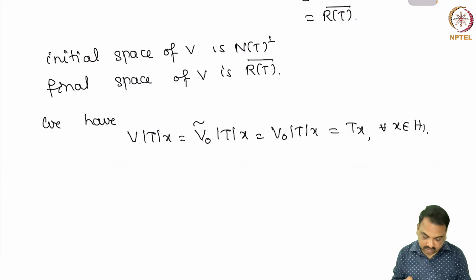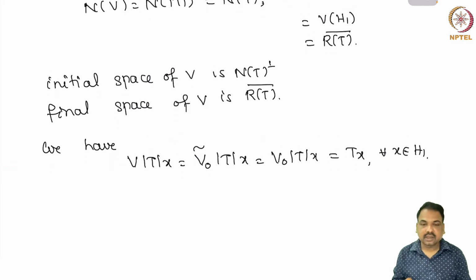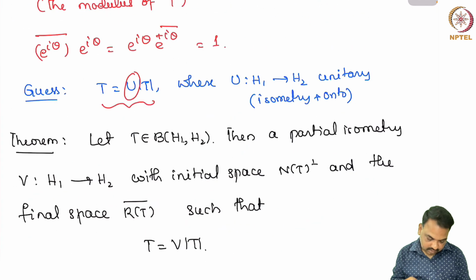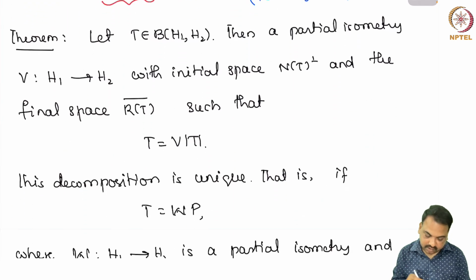So we can conclude that V mod T x is Tx. So we got a partial isometry which satisfies T equal to V mod T.